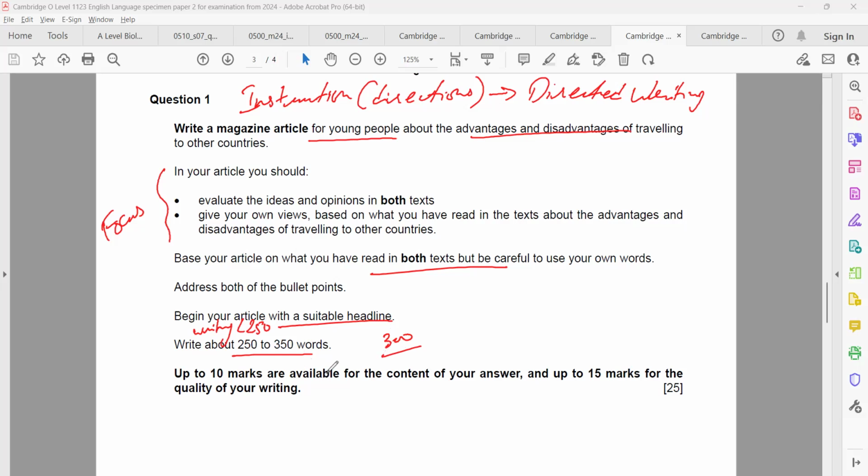That's a sweet spot. You could possibly go over 350 and you will not be penalized for it, because the word limit here is not strict. But you don't want to do that because then you'll be writing too much.